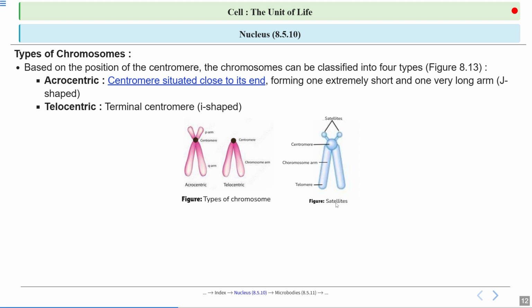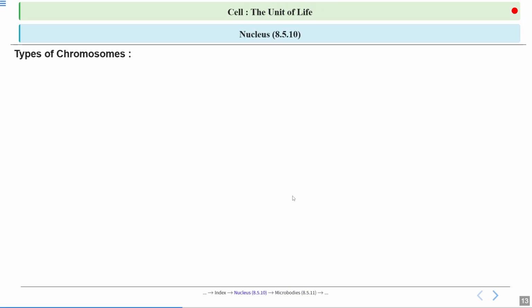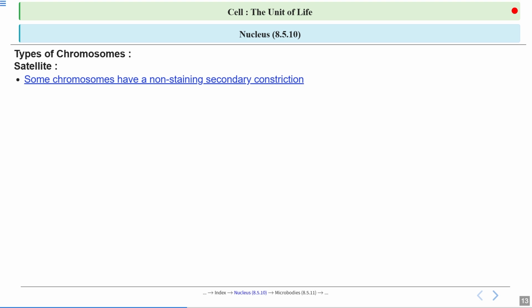Now sometimes in chromosomes, secondary constrictions are also present, which are known as satellites. So let's talk about the satellite DNA. Some chromosomes have a non-staining secondary constriction. Primary constriction was known as the centromere.